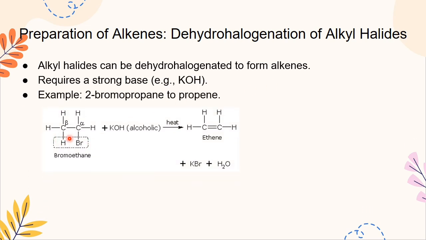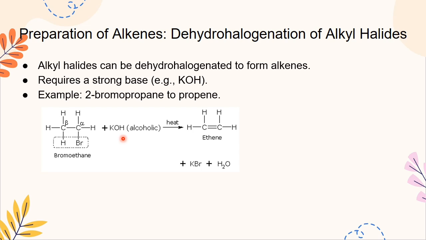Now let's take a look at this structure. This is bromoethane. This entire structure is what we refer to as the alkyl halide. Why do we call it the alkyl halide? Because it contains one halogen, which is bromine.